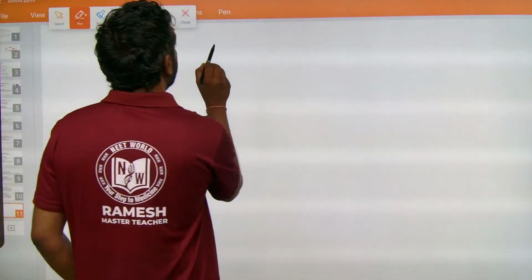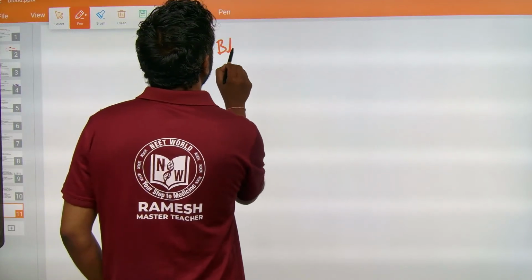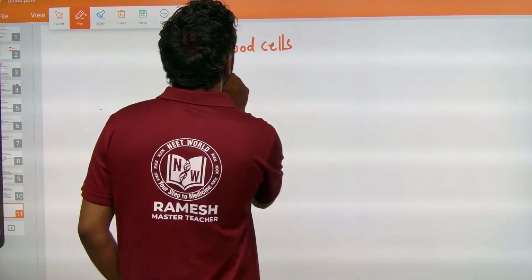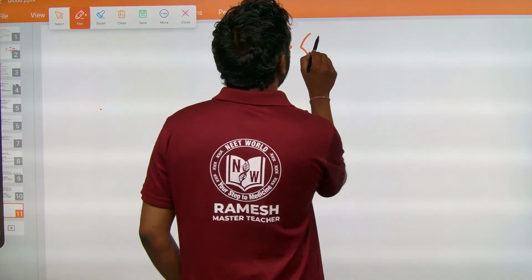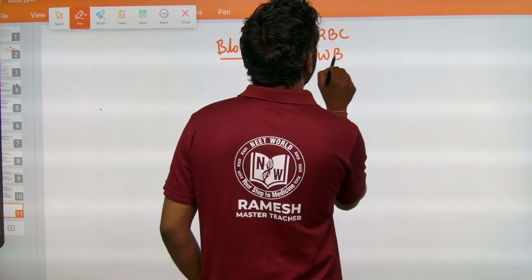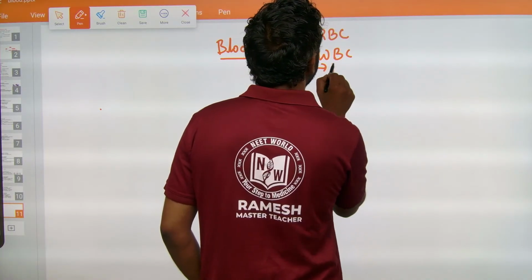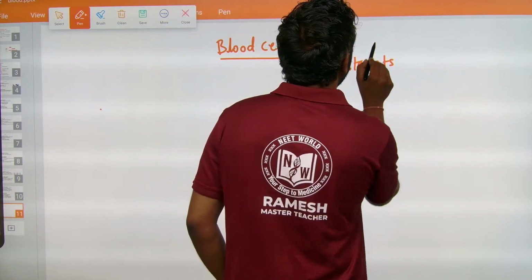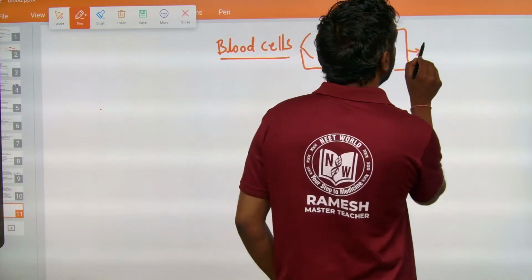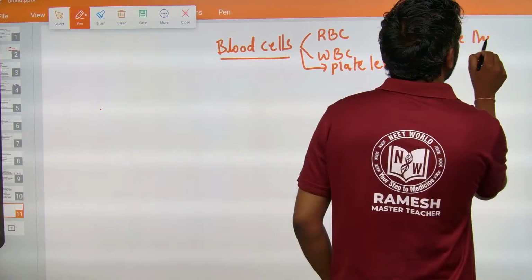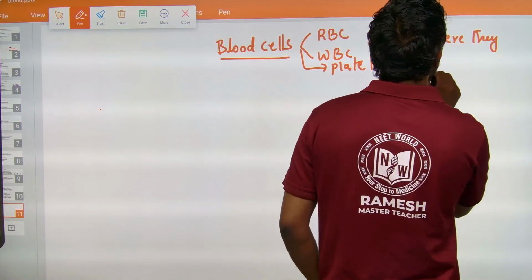Blood cells, that are RBCs, WBCs and platelets. Where they are produced, this is the question.